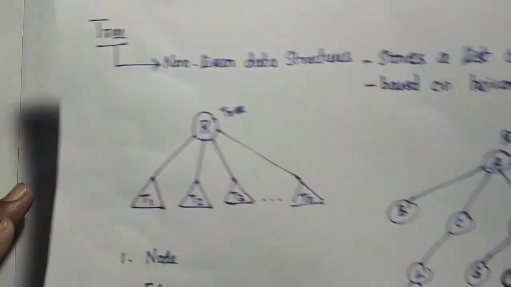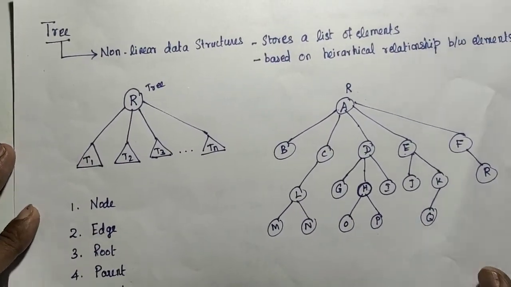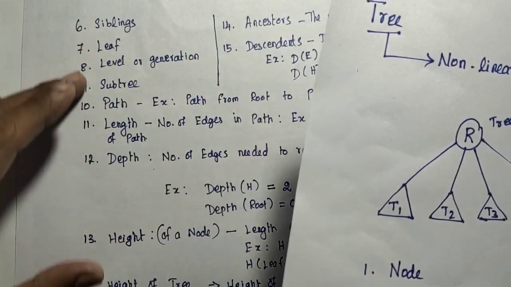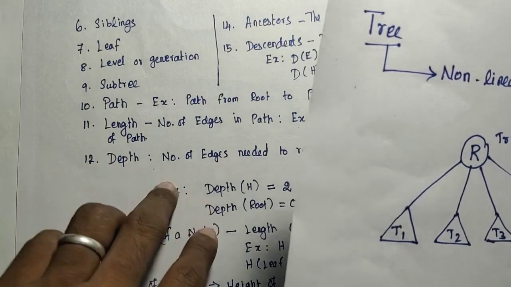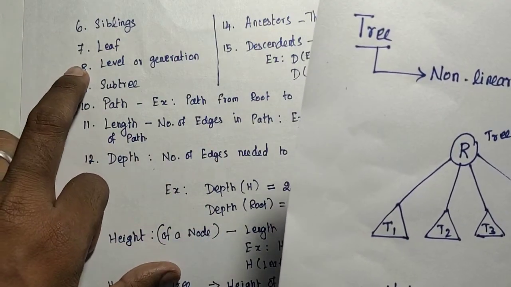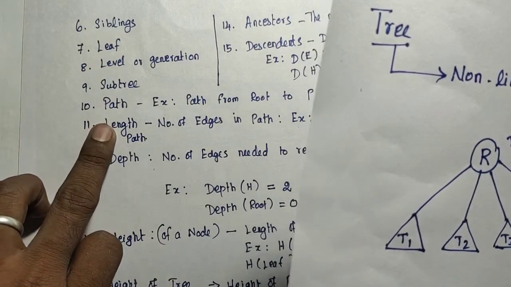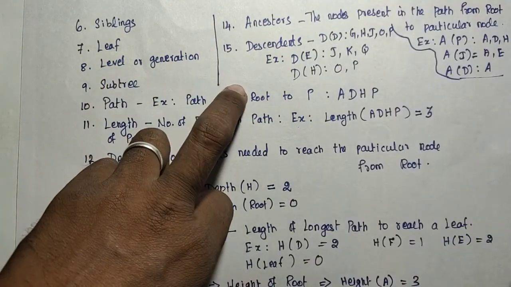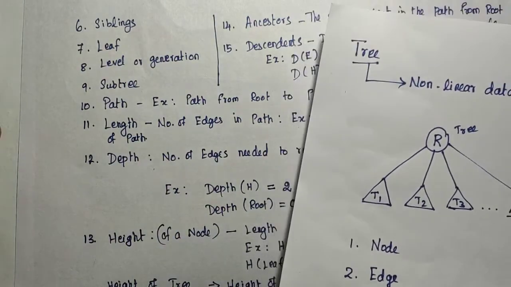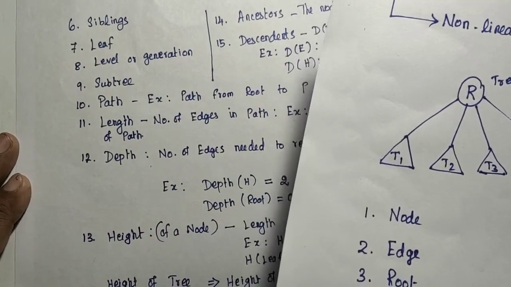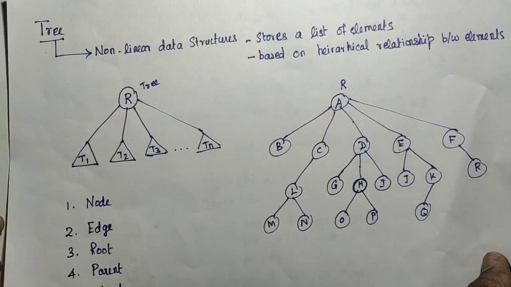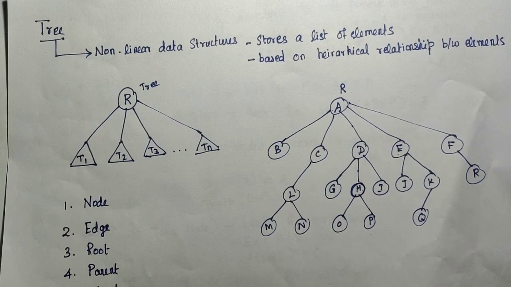Totally 15 terms we have discussed. If a tree is given, and they ask about the height and depth of a node, the height of the tree, who are the leaf nodes, what the subtrees are, and ancestors and descendants, then you are able to say the answers to those questions. So go through these basic terminologies in the tree.